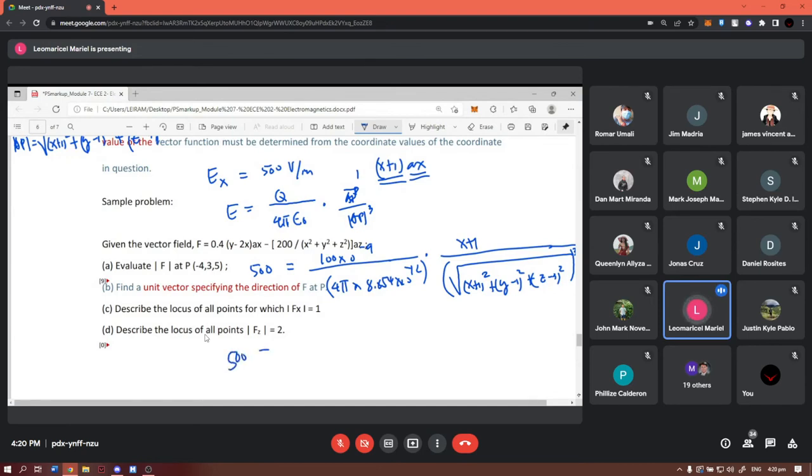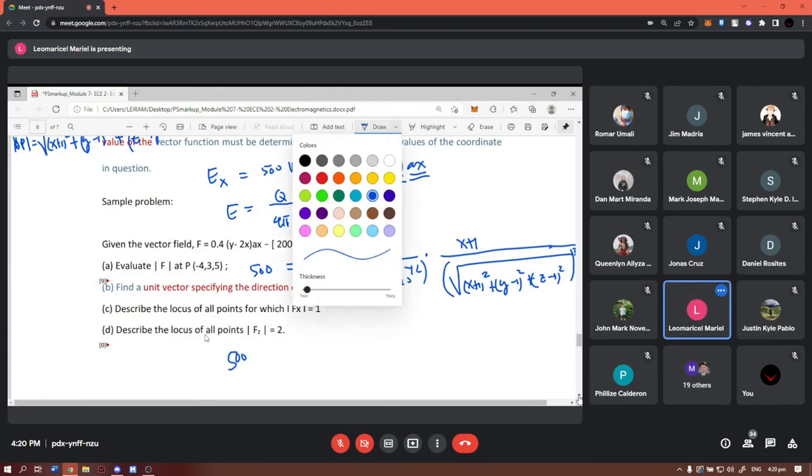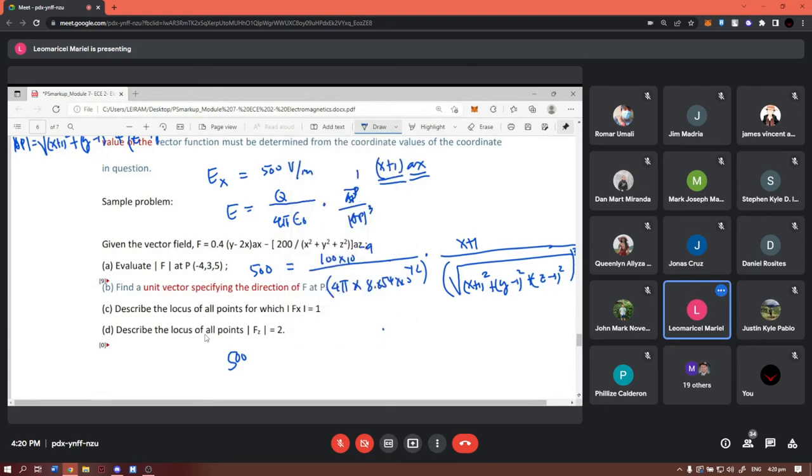So is this 500? What is 100 times 10 to the negative 9 all over yung nasa ilalim na 4 pi times 8.854 times 10 to the negative 12? Kaya pwede natin gawin na ganito, para hindi malito. Pwede nating i-cross multiply doon.